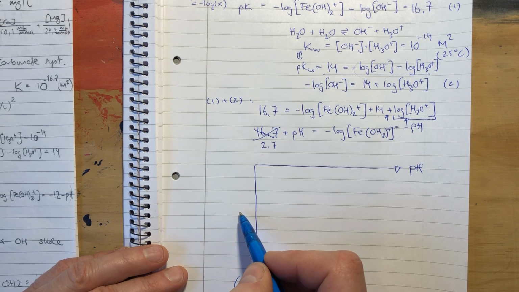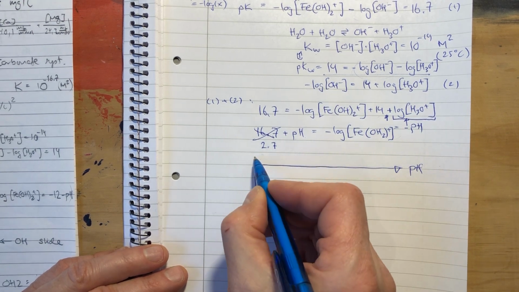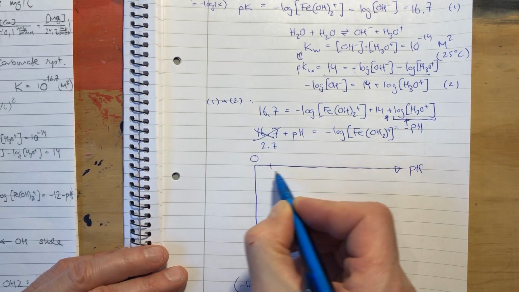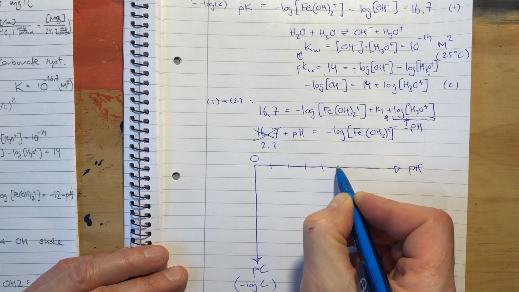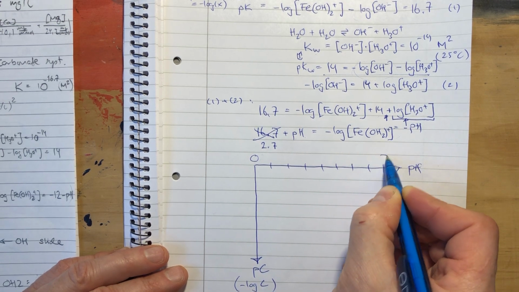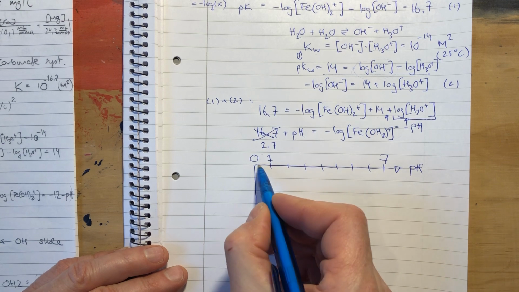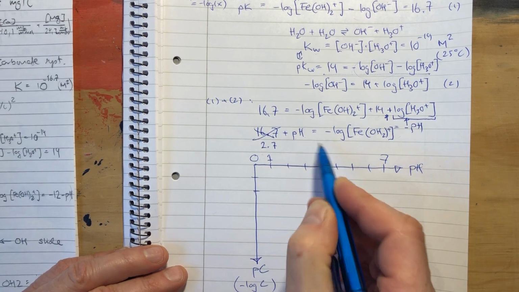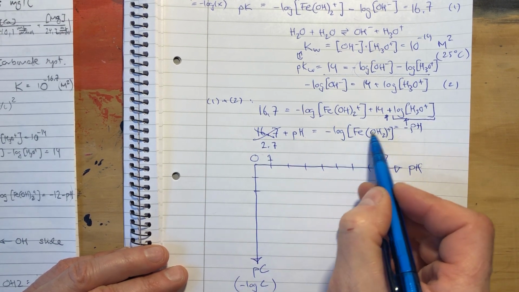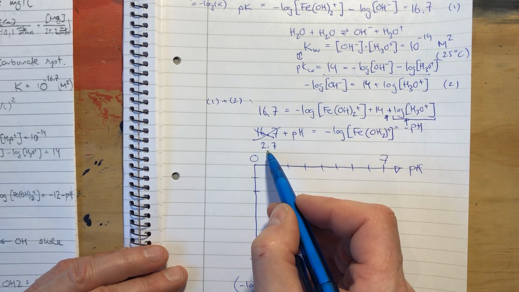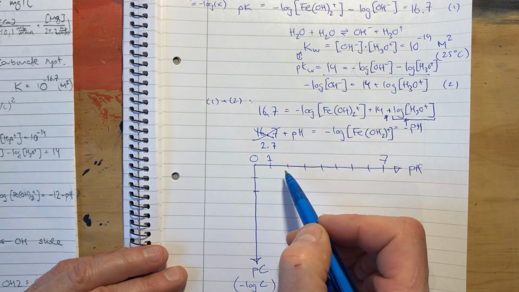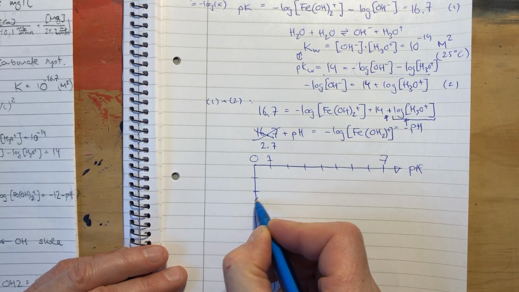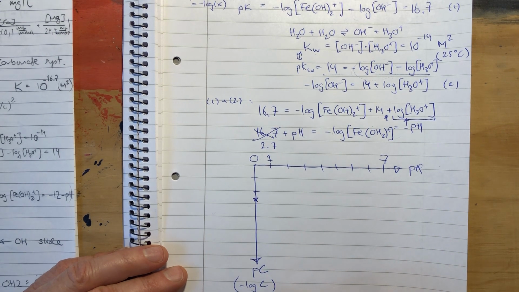2.7, well, at a pH of 0, let's say I have 0 here. So if I'm at 0, my concentration of this substance here is equal to 10 to the minus 2.7, or I'm down to 2.7 on my logarithmic scale here.